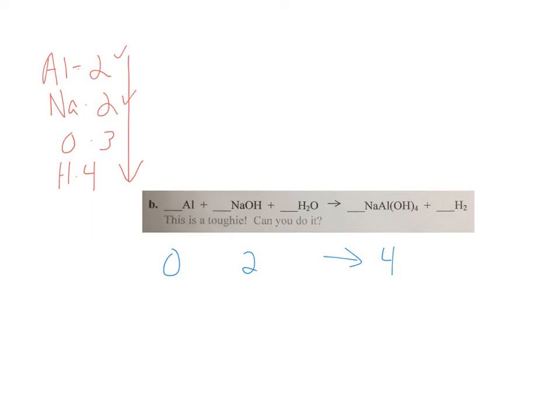The thing that I need to do here then is decide, where do I want to put those extras? I need 2 more on this side of the equation. Do I want to put them here or in both places? And what you really want to do here is look at which ones I have not balanced yet. In this case, I have not balanced hydrogen yet.